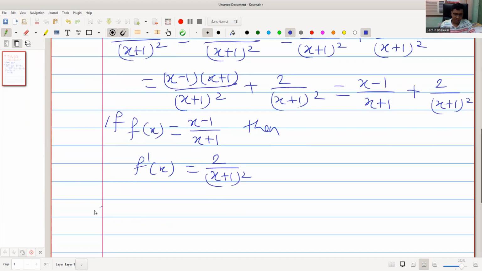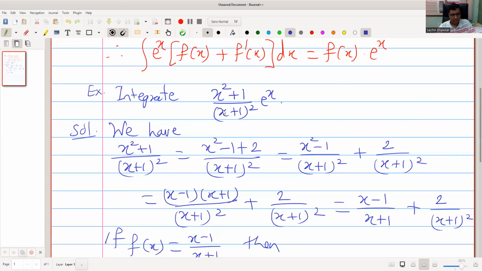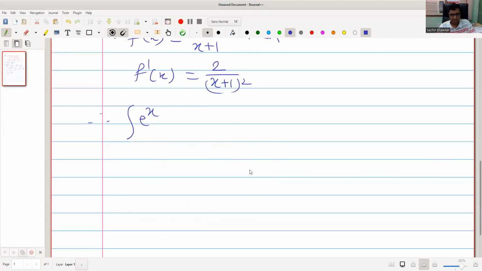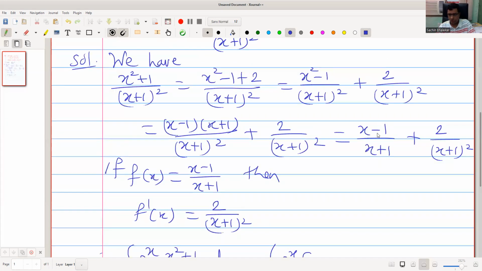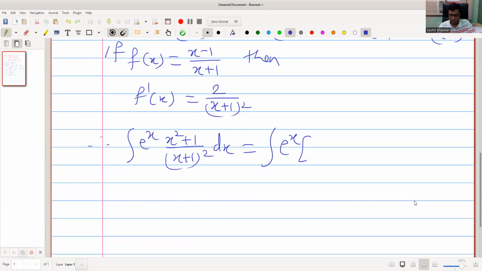Therefore this integral e raised to x into x square plus 1 divided by x plus 1 square dx can be written as integral e raised to x into f of x plus f dash of x.